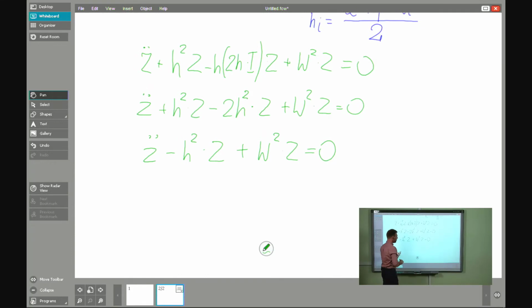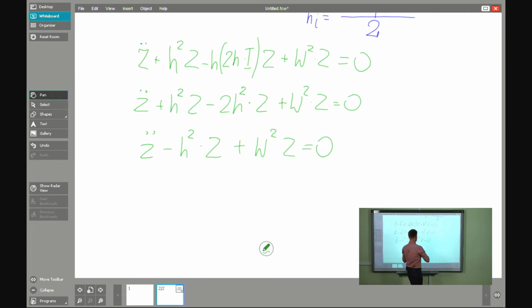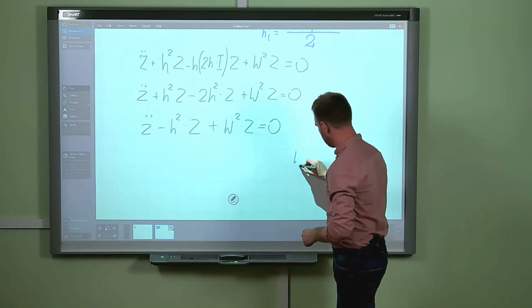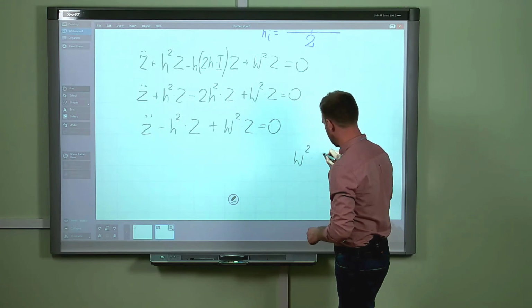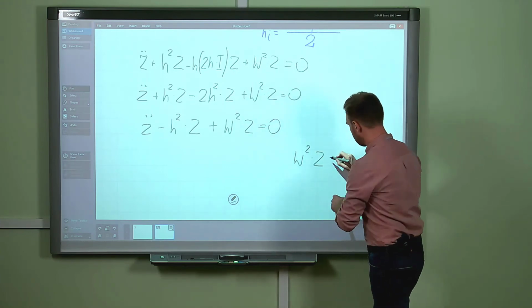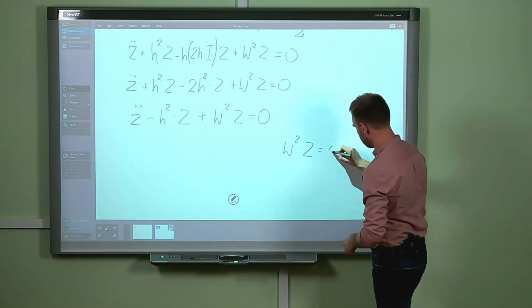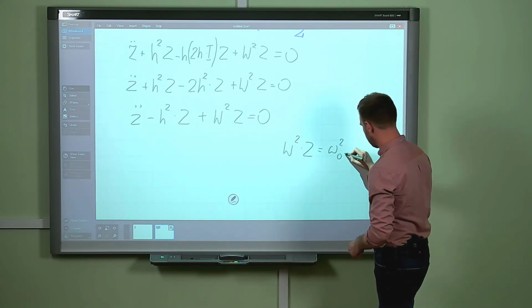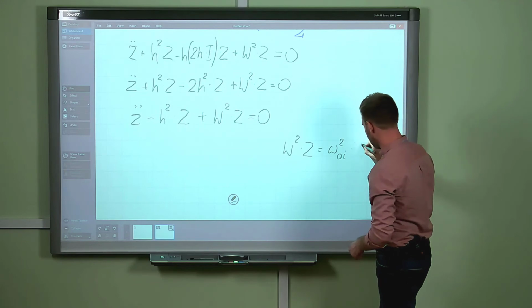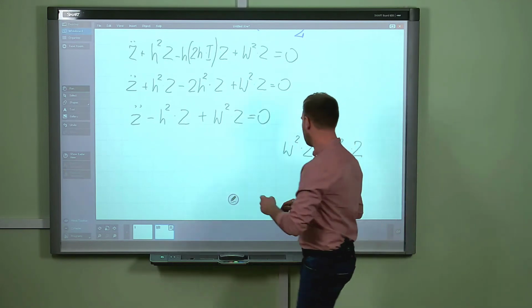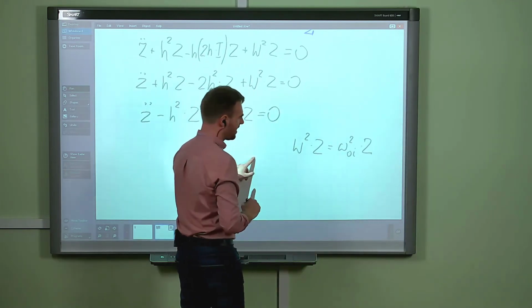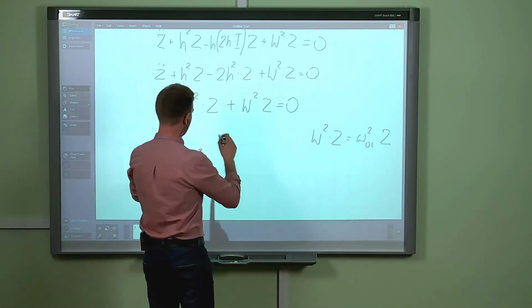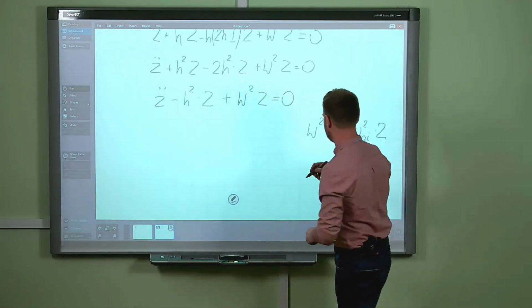And again, we are able to express the w square times z as the natural frequency, I mean the omega 0 square I times z, but only for the values of the eigenfrequencies. It means also for the values of the h.